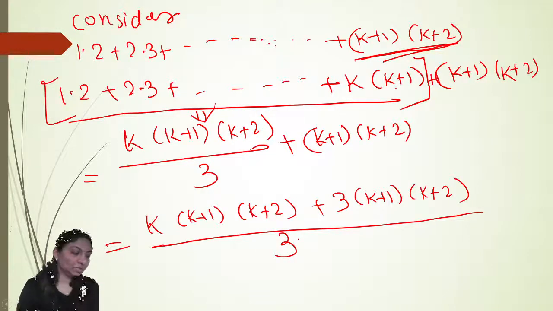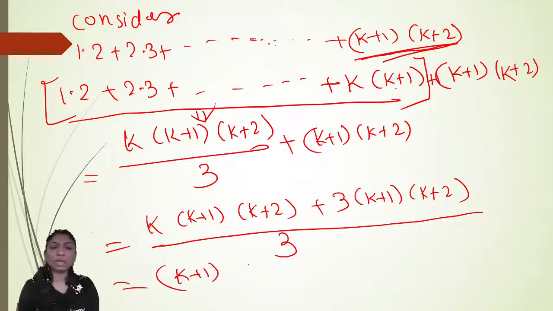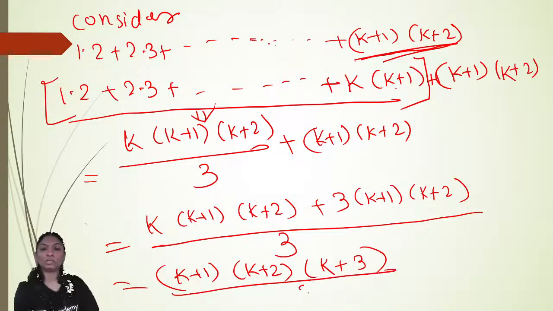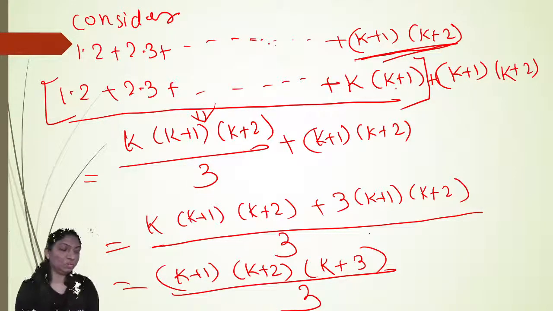Right? So instead of this, can I take k plus 1 and k plus 2 common? So k plus 1 into k plus 2 into bracket, you will get k plus 3 here, since k plus 1 into k plus 2 is common, plus 3k already here. So k plus 1 into k plus 2 into k plus 3 upon 3, so that is what we want to prove, right?